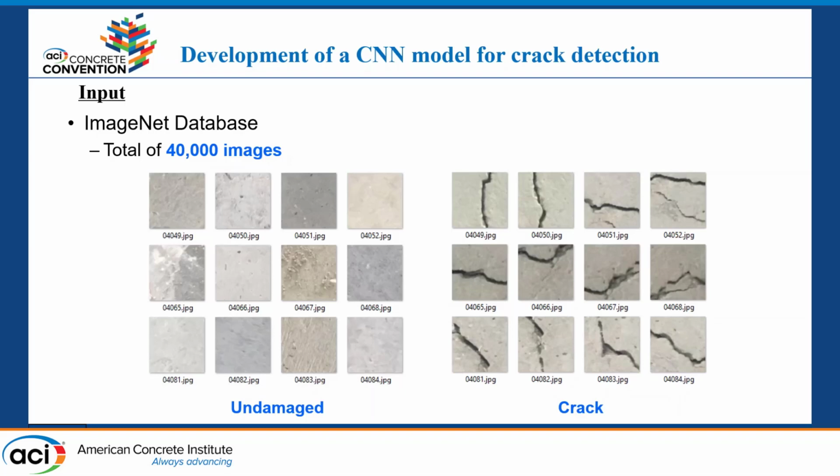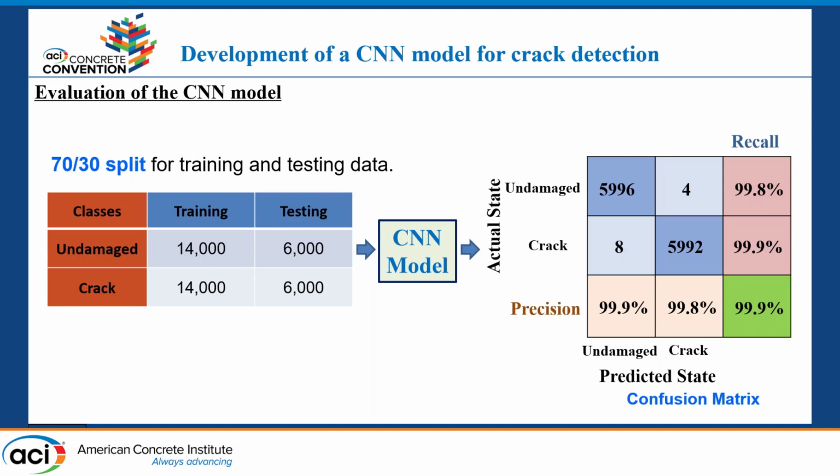These images will be the images of the concrete surface with cracks. So for the evaluation of the CNN model, these 40,000 images will be used. Out of the 40,000 images, 20,000 images will be labeled and separated to undamaged. 20,000 images will be separated to crack.